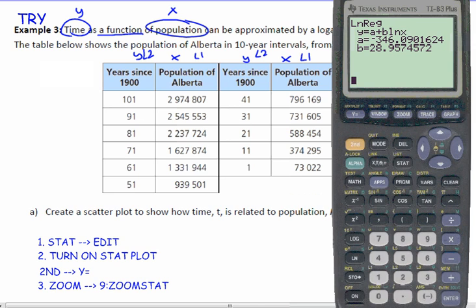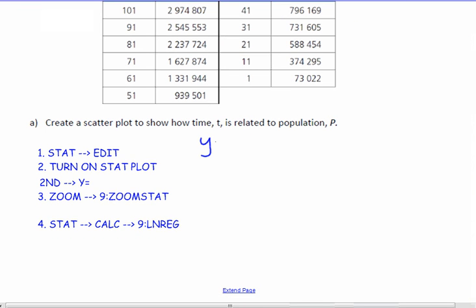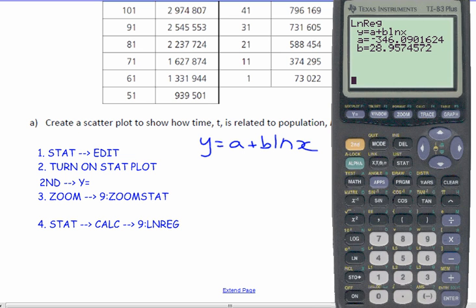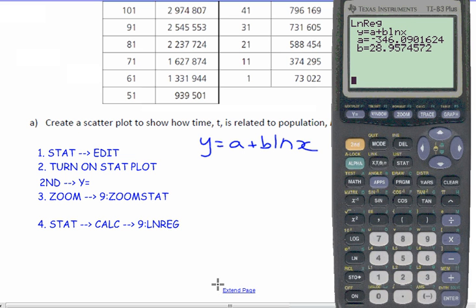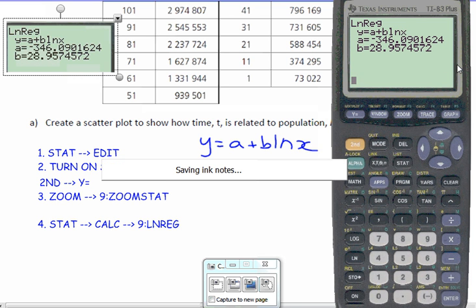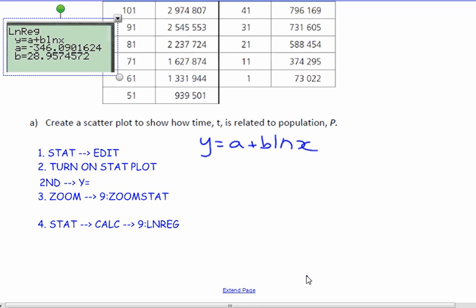Now, if the equation is y equals a plus b natural log of x, this is what you're looking at right here. Let's take a picture of this. Right here, this is what you're looking at.